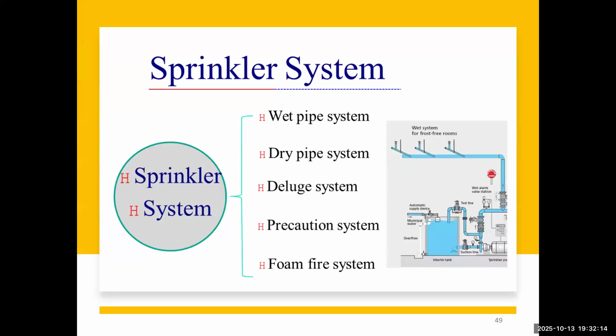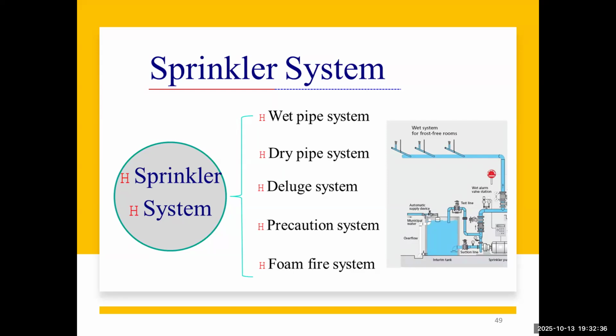So now let's look at the sprinkler system. We always think of sprinklers not as one single system. The sprinkler system is always different tools for different jobs. We have the wet pipe system.